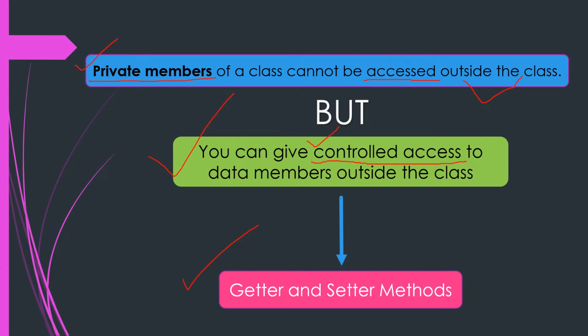But we can give some controlled access, meaning access to some limit, to data members outside the class. Even if they are private, we can have controlled access by using getter and setter methods. And if the concept is not yet clear to you, we will understand now through an example, so it will be clear to you.